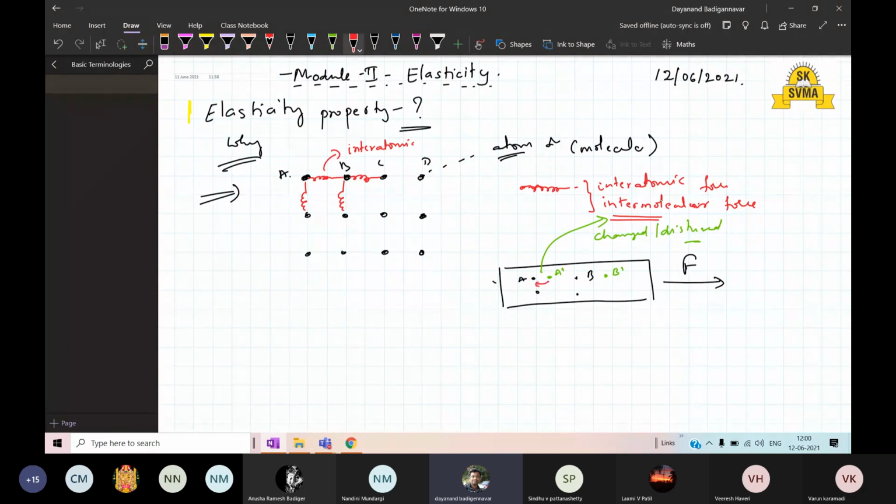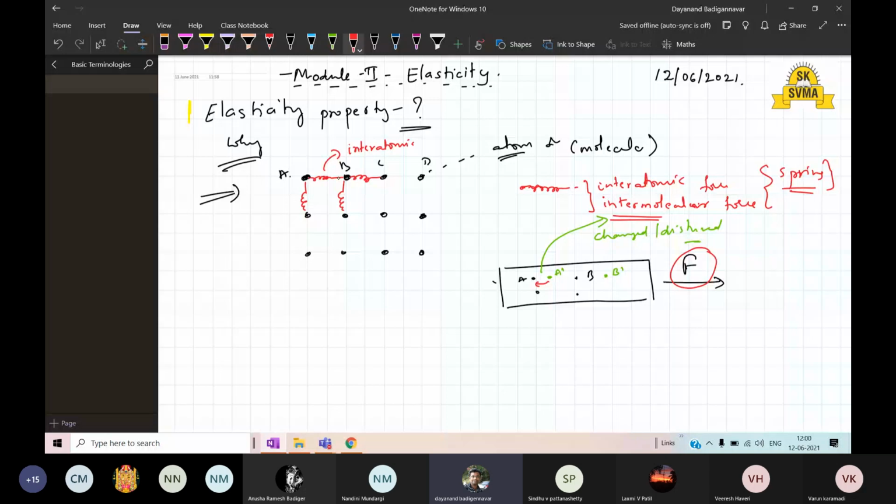Whatever interatomic force is present will make sure that the atom, when displaced under the influence of external force to have deformation, goes back to its original position. You can assume that it is just like a spring. This atom A and B, through the interatomic force, you can assume it as a spring.